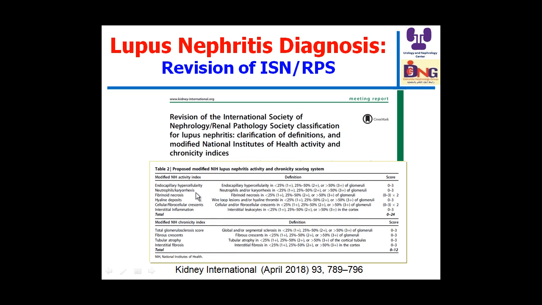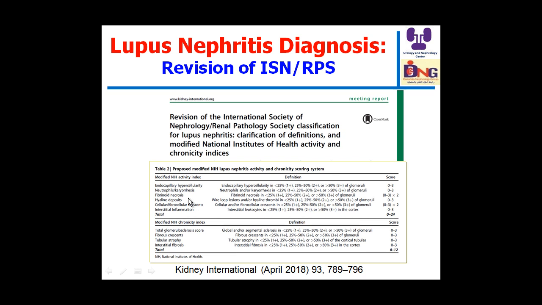Neutrophils and karyorrhexis: karyorrhexis is put within the neutrophil infiltration because they found that karyorrhexis is a reflection of apoptotic neutrophils. So it is not within necrosis but with neutrophils. So neutrophils or karyorrhexis, again from 0 to 3.